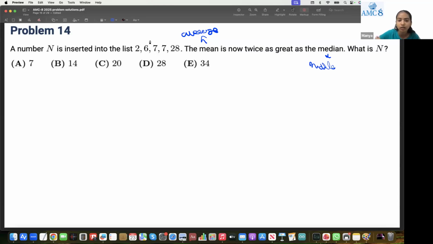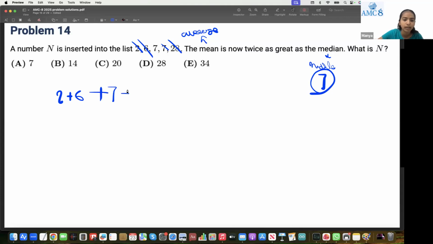First of all, we need to calculate the middle number. And to find the middle number, it's pretty easy since there's only 5 numbers. The middle number would be 7. Okay, so the median is 7, and now we need to calculate the mean, the average. Well, the average would be 2 plus 6 plus 7 plus 7 plus 28 divided by 5, since there's 5 numbers.